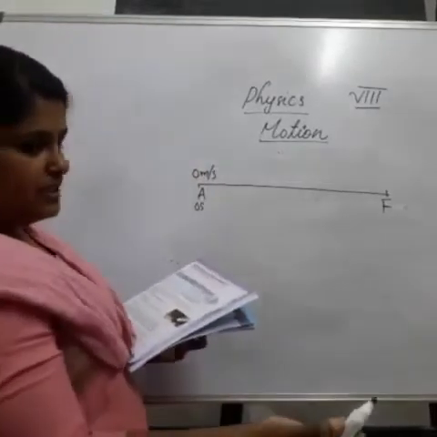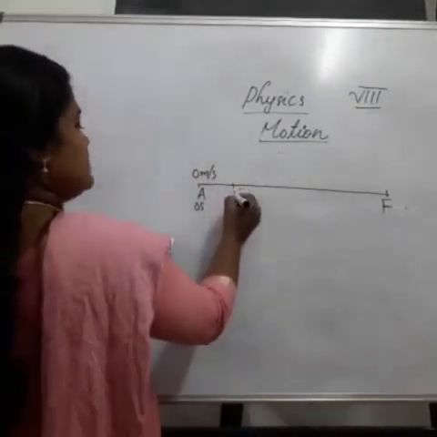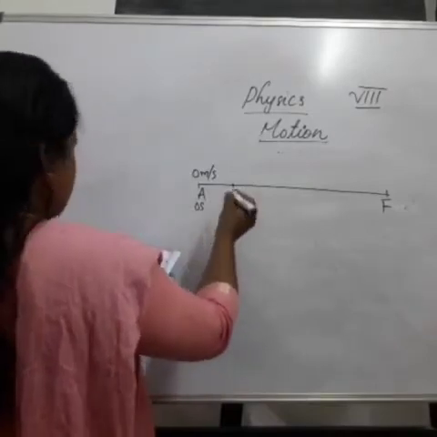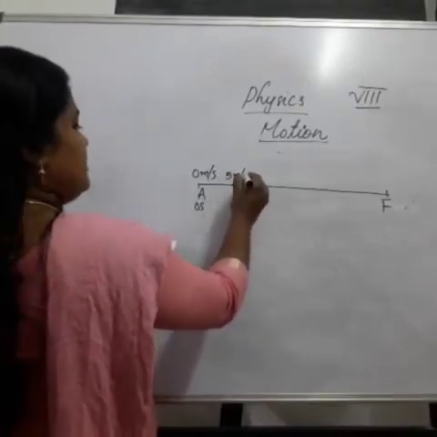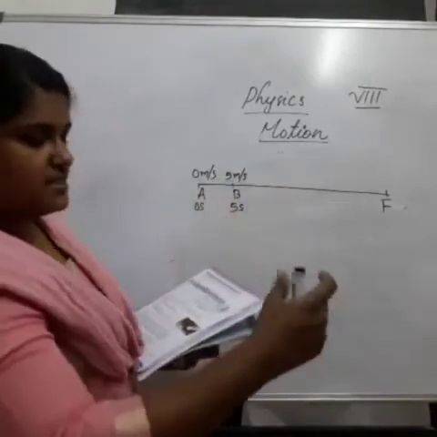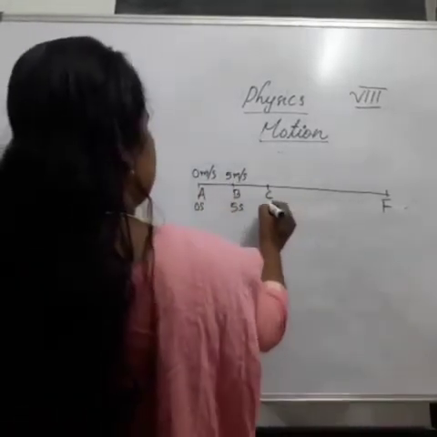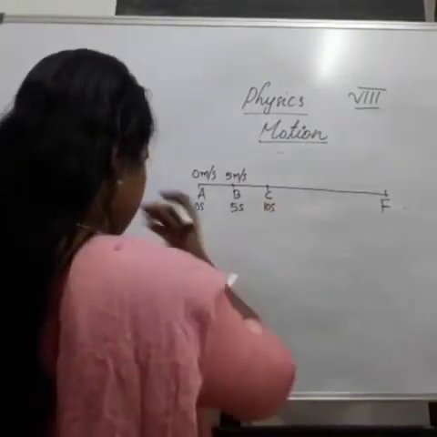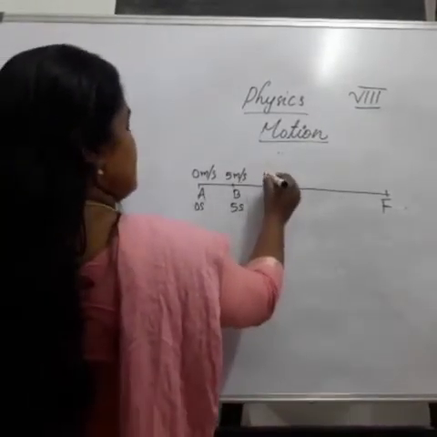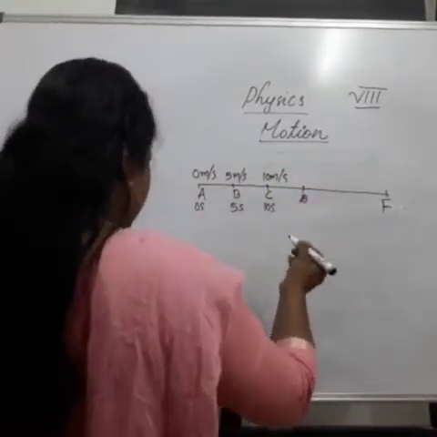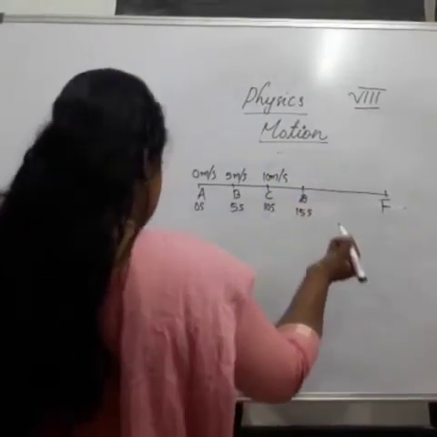So it is 0 meter per second. Then it reaches the point B within 5 seconds. Its speed is 5 meter per second. When it starts moving, its speed increases. Then it reaches the point C. At that time it takes 10 seconds. Its velocity is 10 meter per second. Then at point D, the time taken is 15 seconds.